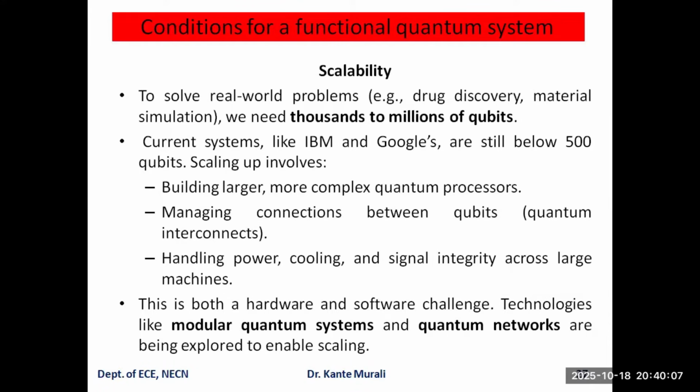Building a larger system is not only adding more qubits, but also adding more connections, cooling, and control channels. It faces both hardware and software challenges. Imagine going from tuning 5 musical instruments to managing a full orchestra of 1,000 players. Just imagine how complex it is. You need to maintain all the requirements to control the overall performance of the quantum system.